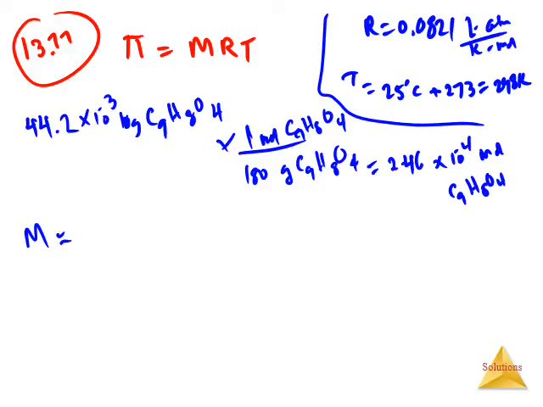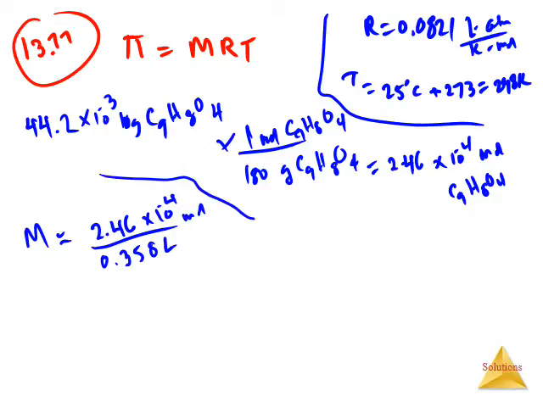Let's have number of moles of aspirin on the top: 2.46 times 10 to the negative 4 moles of aspirin, divided by 0.358 liter. So that's mole, this is liter, so that gives you moles per liter. And that value is 6.87 times 10 to the negative 4. So molarity is 6.87 times 10 to the negative 4.